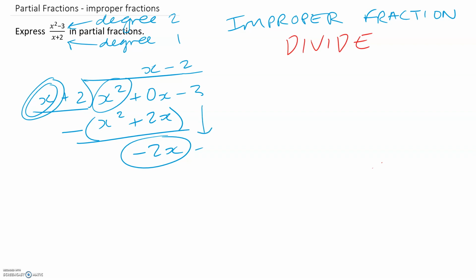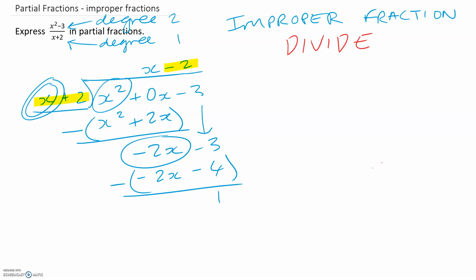Let's bring the minus 3 down. We do the minus 2 times this, and so that will give us minus 2x minus 4, and subtract again, and minus 3 minus minus 4 is going to give us plus 1.